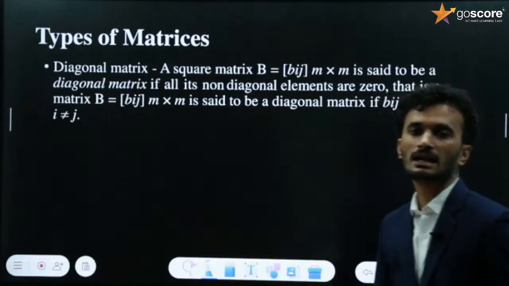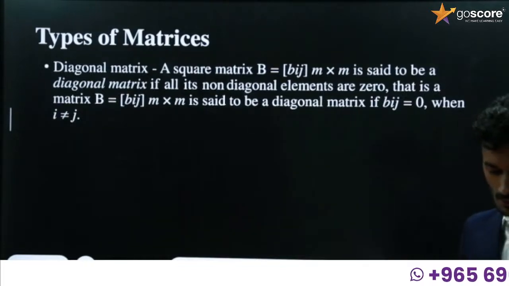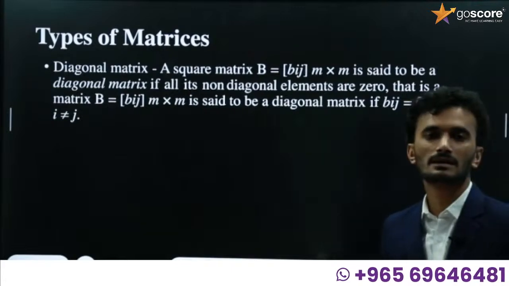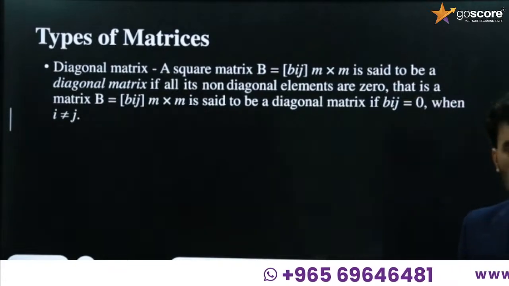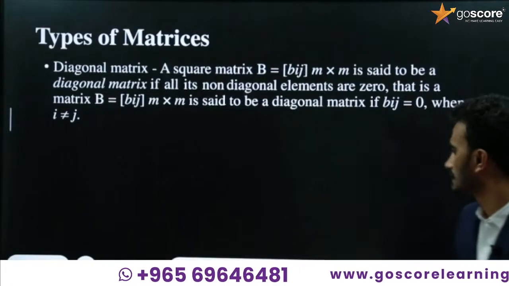Next, diagonal matrix. A diagonal matrix is a type of square matrix. A square matrix is said to be a diagonal matrix if all of its non-diagonal elements are 0.